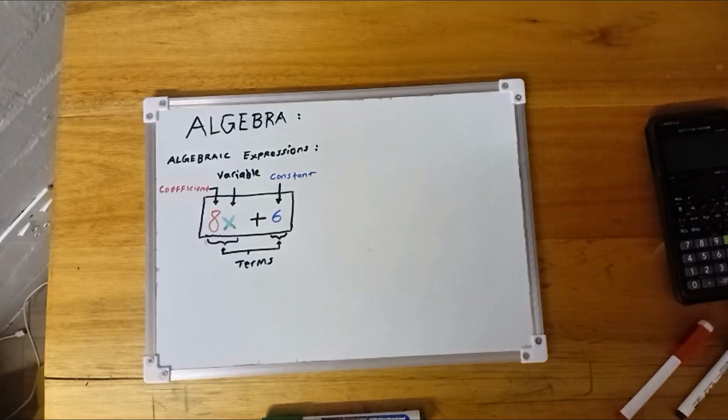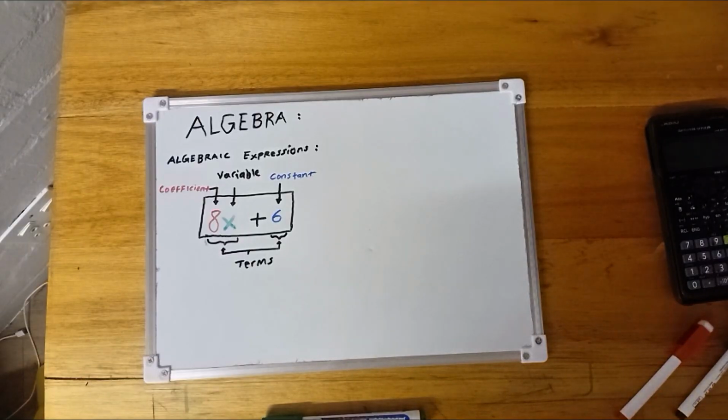So here I have an algebraic expression, which I'll explain further. Our expression here is 8x plus 6, where 8 is our coefficient, x is a variable, and 6 is our constant. Elaborating further, a variable is a placeholder for an unknown. In this case, x is our variable.